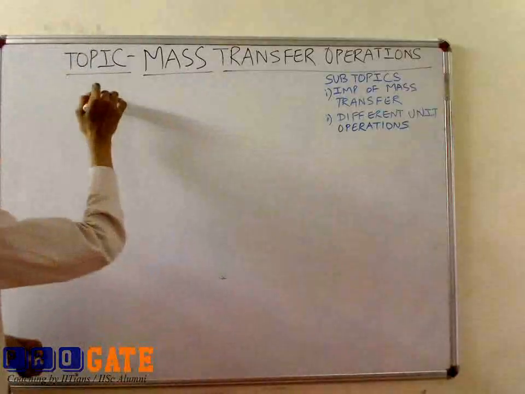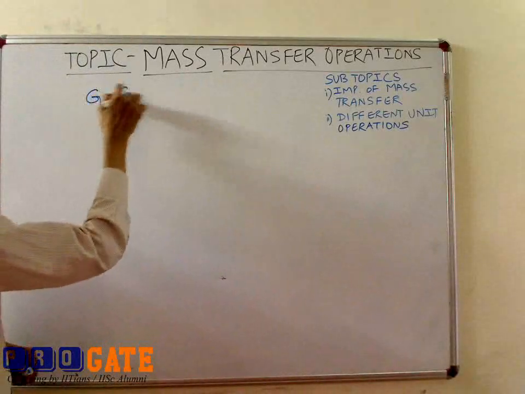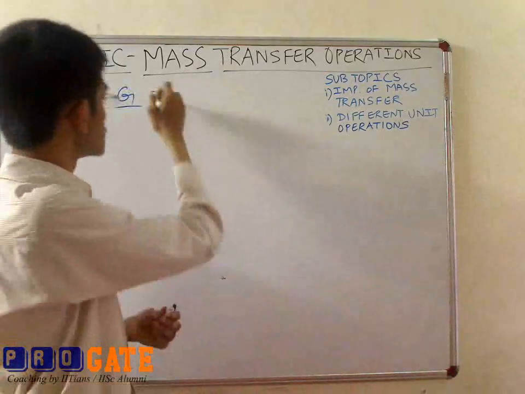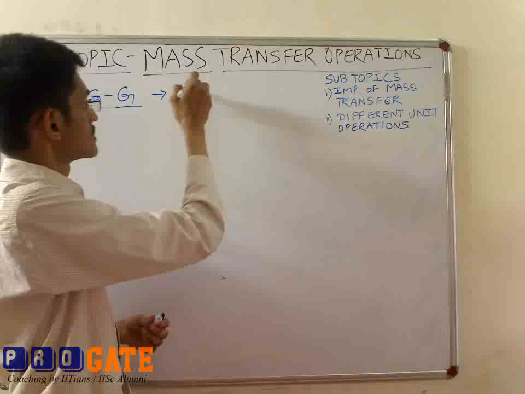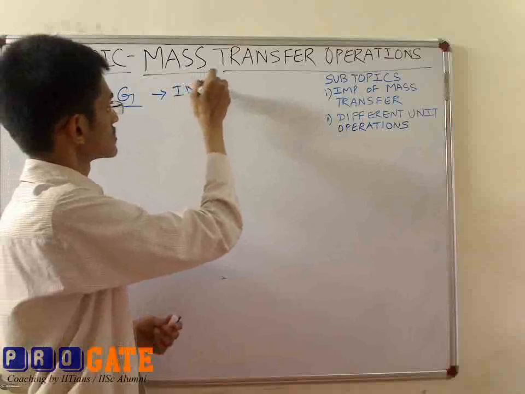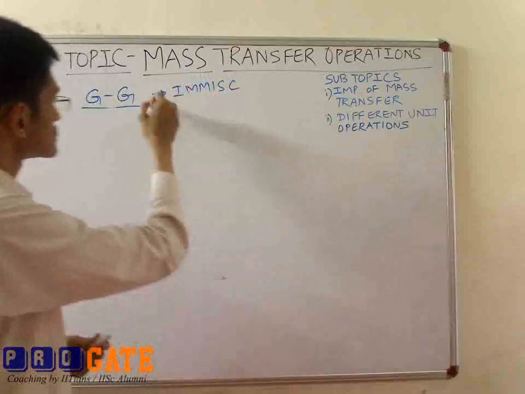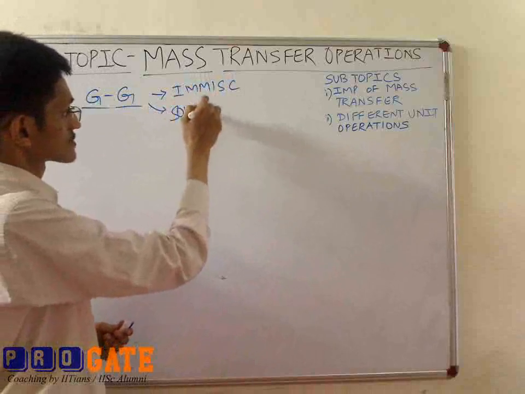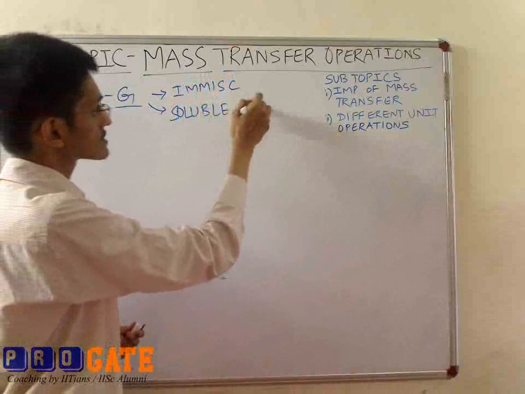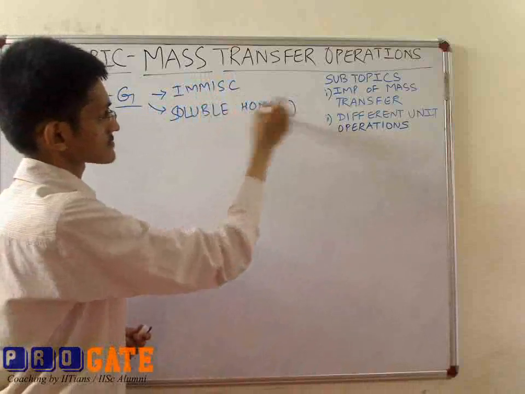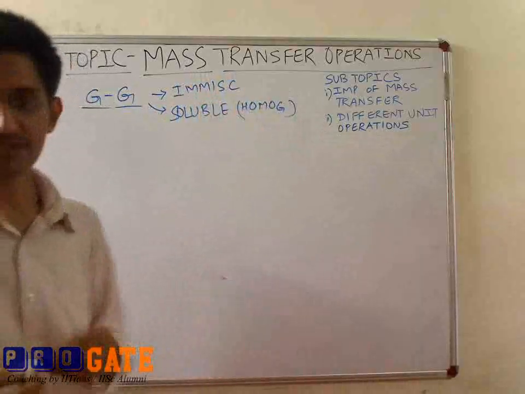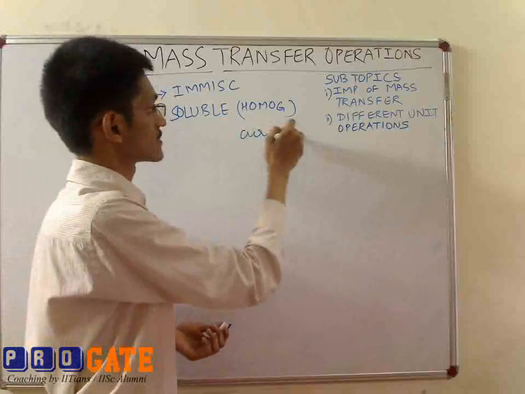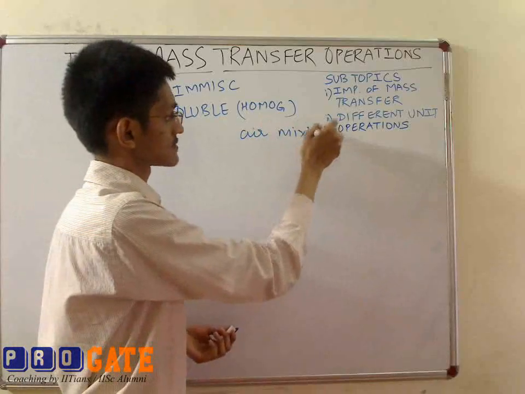So for the first category, that is gas and gas, very few exceptions are there where we have an immiscible mixture of 2 gases, whereas normally it's a soluble mixture. 2 gases are soluble in each other, so we have a homogeneous mixture. Maybe air plus ammonia or air plus CO2. Air itself is a mixture of many gases.